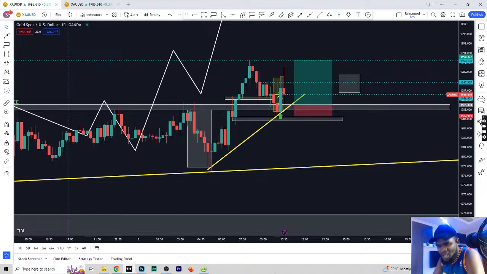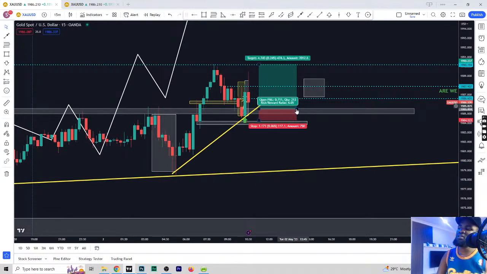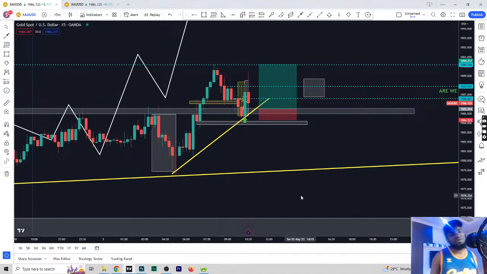I already posted the result on my IG story. You can see the market here is also acting according to what we were discussing. The manipulation already went, and we already scalped our half, and after scalping half, the market is acting strange. The market needs to go back again and again.